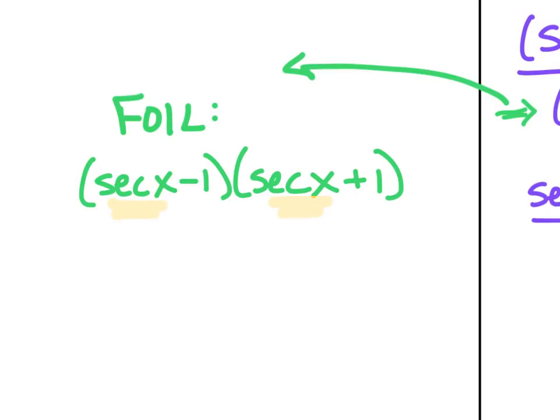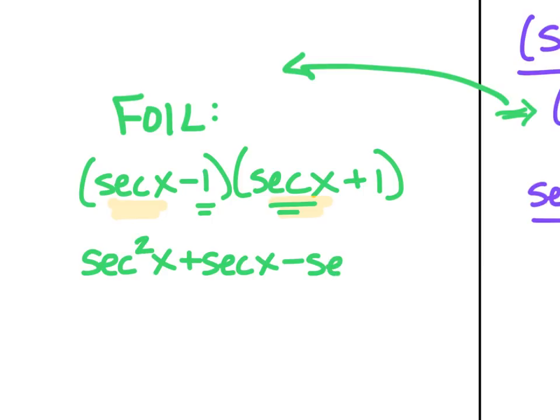So here I have my firsts, so I have secant squared of x, and then my outsides, so secant of x times 1 is plus secant of x. Then my insides, which is this negative 1 times the secant of x, so that's minus secant of x. And then lasts, negative 1 times positive 1 is minus 1.